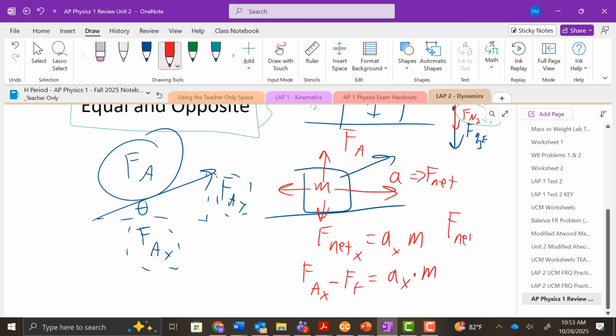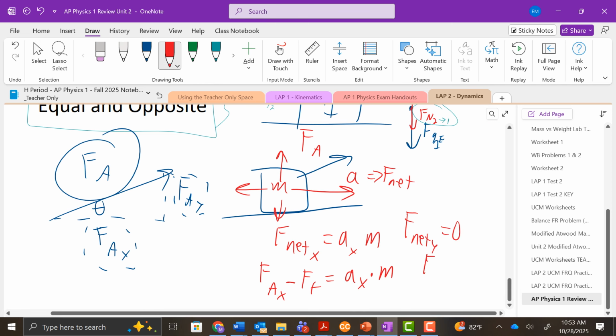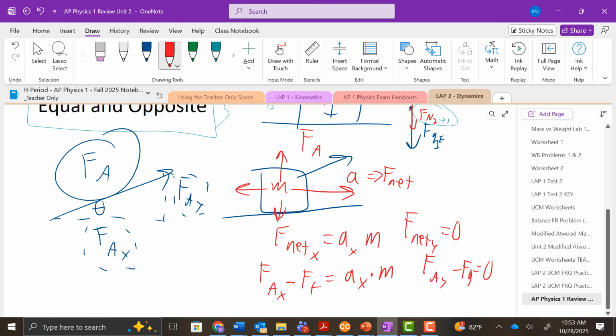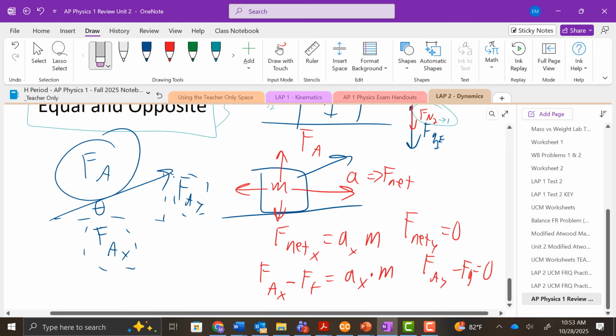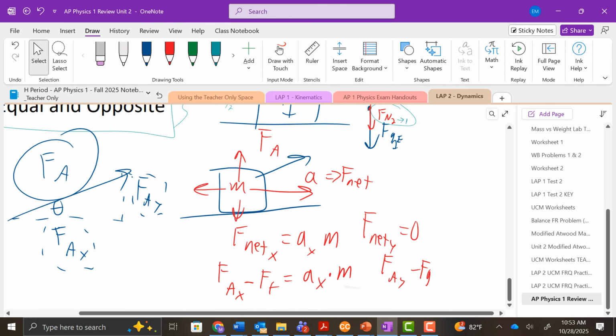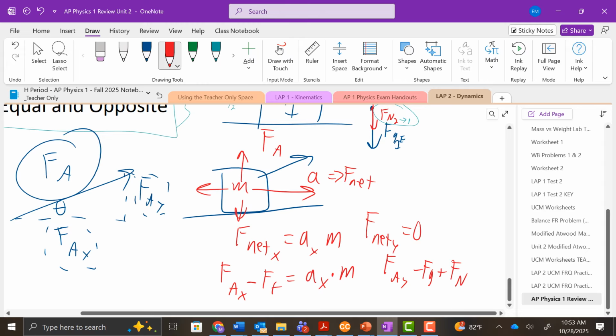You'll notice that Fnet y is 0, so FAy minus Fg plus normal force is equal to 0. So that's how you work those problems.